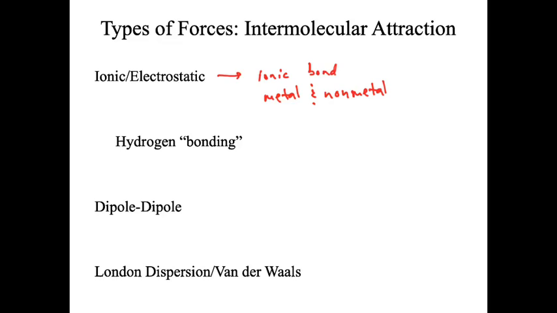How do I know I have a London dispersion force? Where does that come from? This is a nonpolar covalent bond. I know I have a nonpolar covalent bond because there's a perfect sharing of electrons.